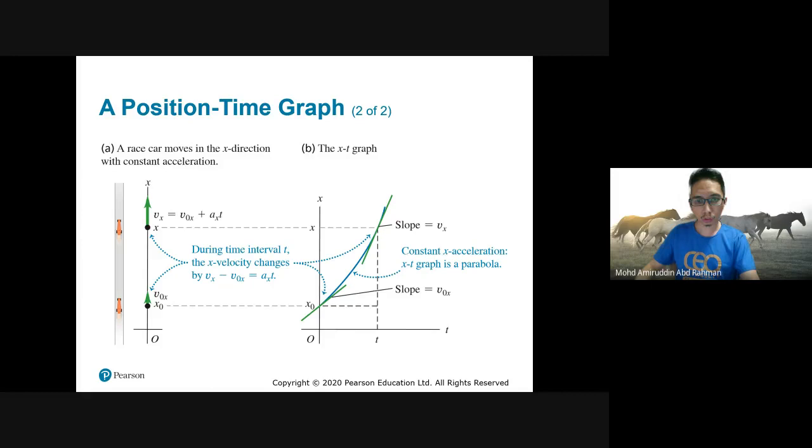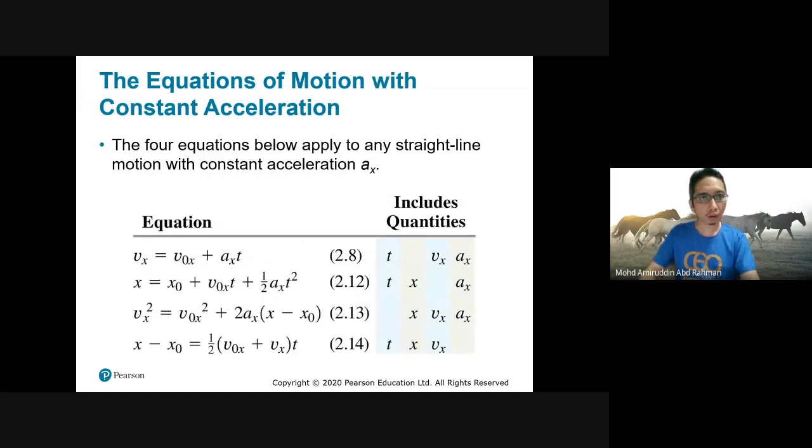Today we're going to continue further with the equation of motion. This is what we already derived for the acceleration.